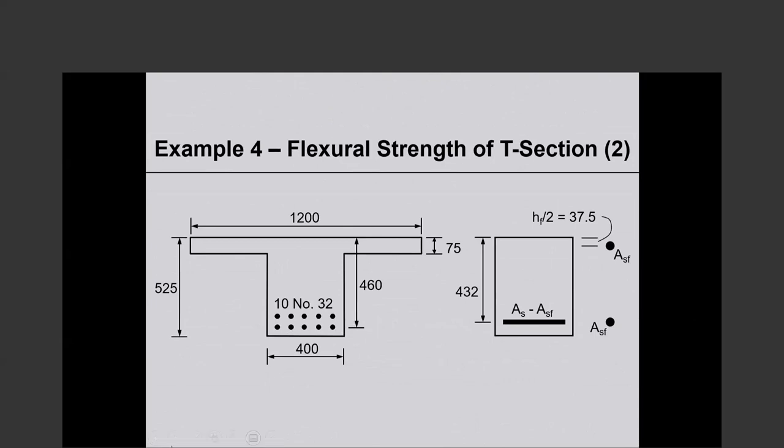So all the dimensions are the same. 525 total depth, 400 is the width, 460 is now not the effective depth, but the depth to the extreme tension layer. D sub T is now 460, okay, as clearly shown in the picture.